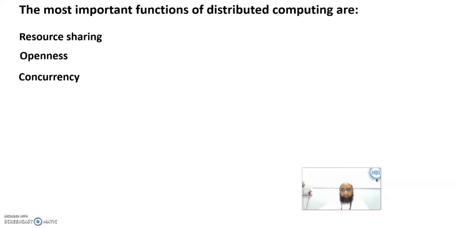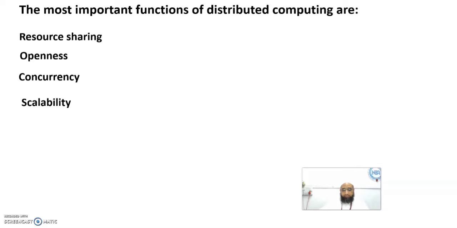The third important function is concurrency. Multiple machines can process the same function at the same time. Simultaneously, see, multiple machines can process the same function; the same task can be divided and completed at the same time. That is the concurrency.